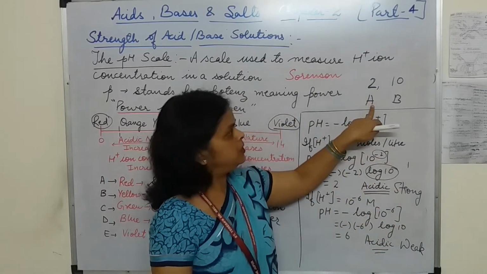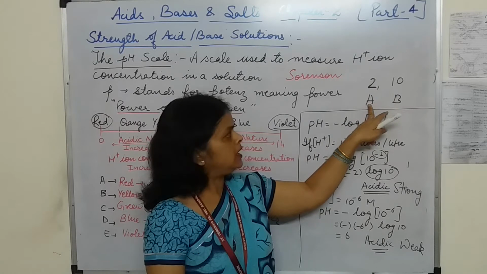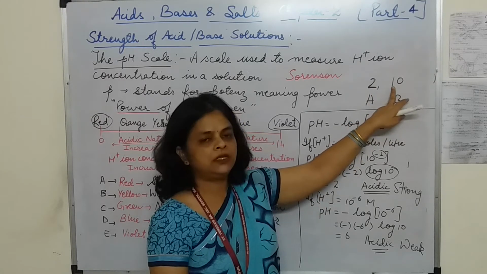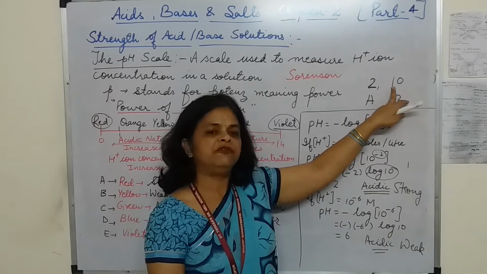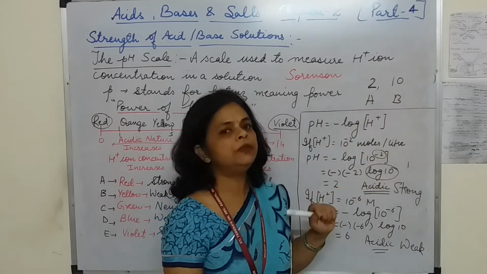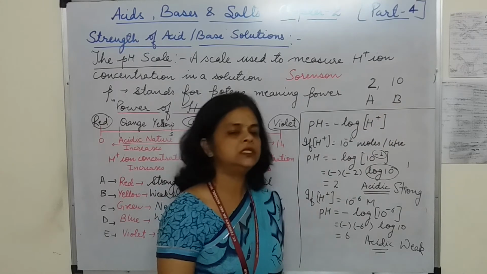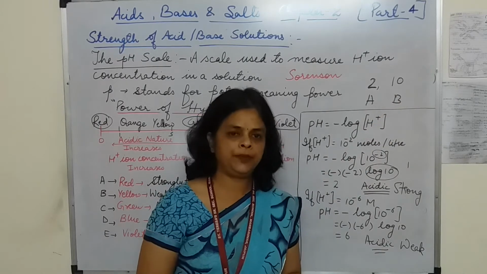By the values you can detect their nature. A, pH 2, is acidic. B, pH 10, is basic. And phenolphthalein solution turns pink in a basic solution. So the answer is B. Solution B will turn the phenolphthalein solution pink.